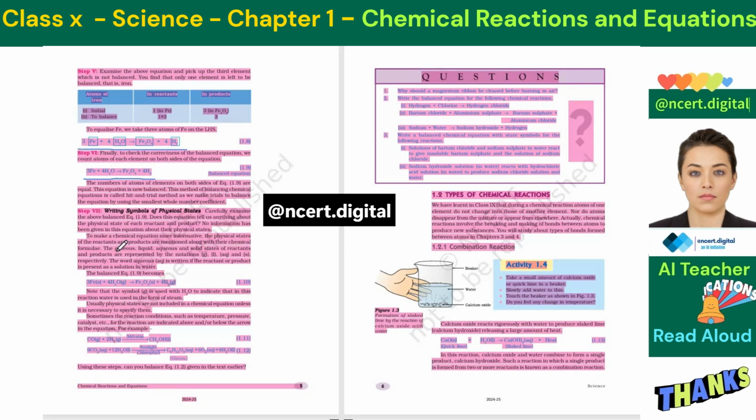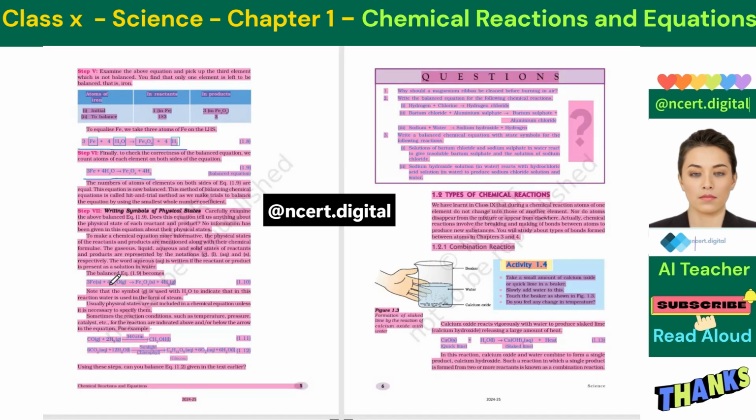The gaseous, liquid, aqueous and solid states of reactants and products are represented by the notations (g), (l), (aq), and (s), respectively. The word aqueous, (aq), is written if the reactant or product is present as a solution in water.